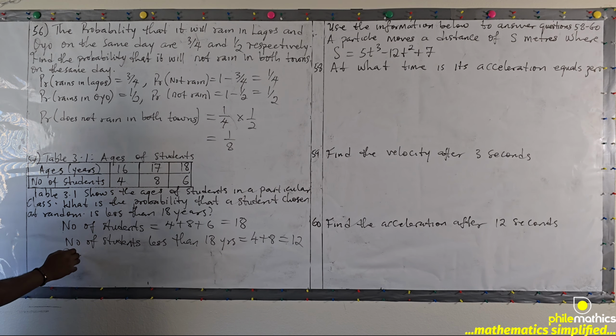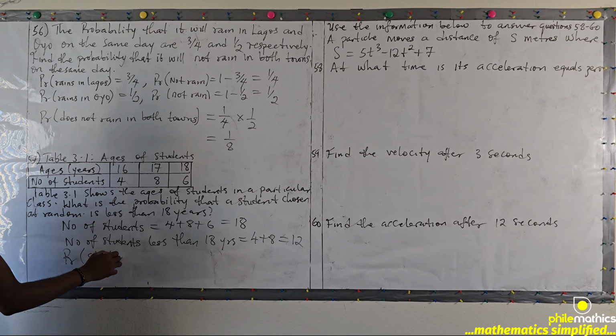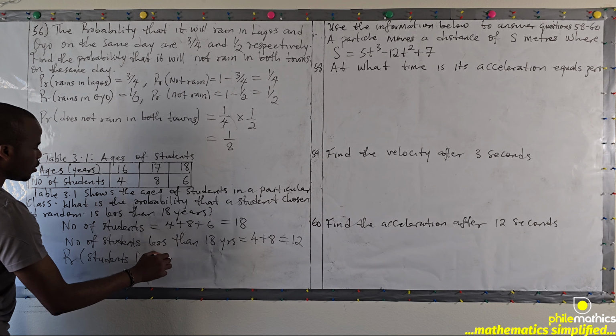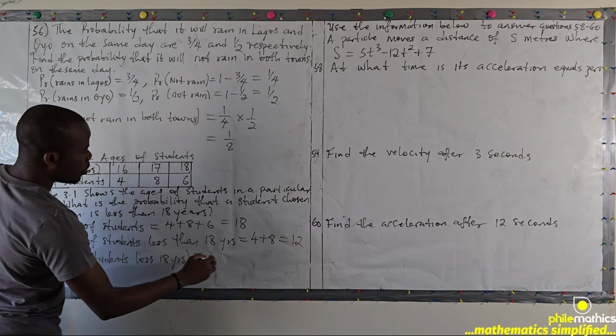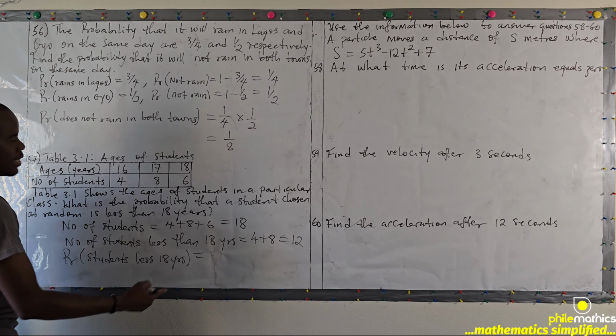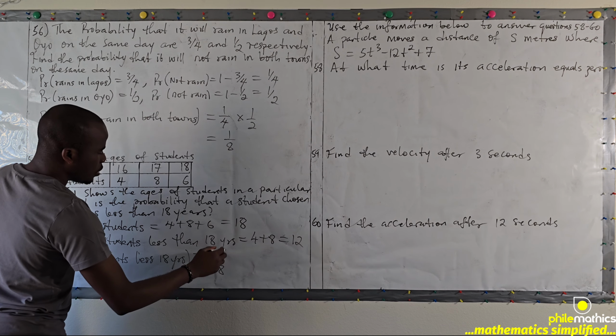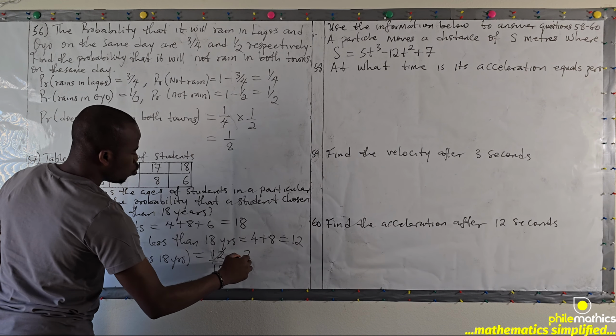So probability of students less than 18 years is simply the number of students less than 18 years over the total number of students, 12 over 18. 6 can go. This is 2 over 3.